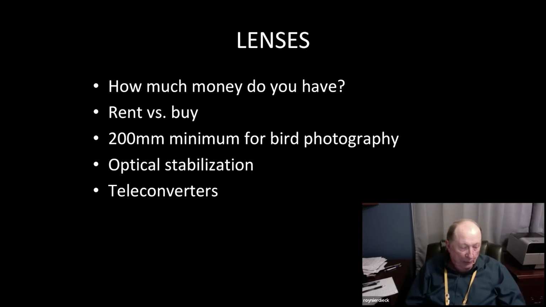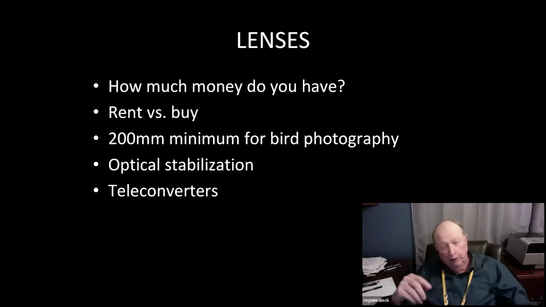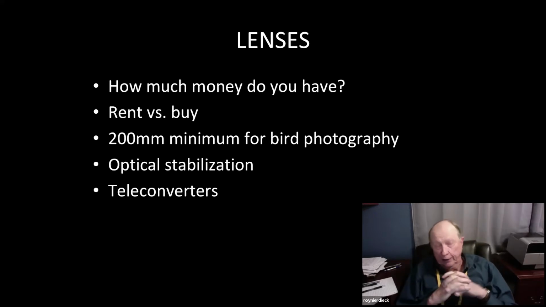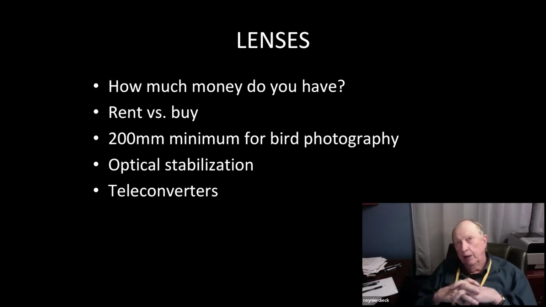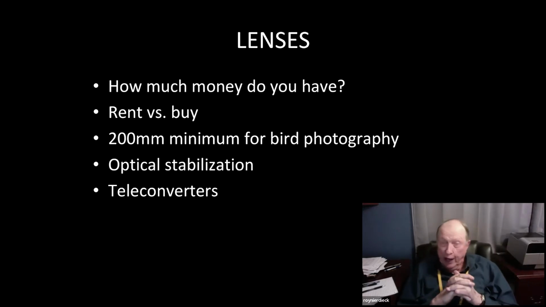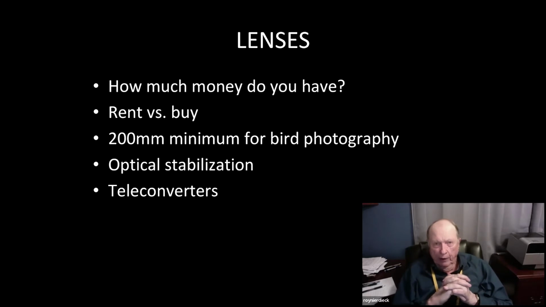Some examples of lenses you can buy: my favorite lens is the 300 2.8. You can get that at Precision Camera, or you can go to Rent My Lenses or borrowlenses.com. The good thing about those places is they usually have them available and they're very inexpensive to rent. They'll send it to you by UPS.